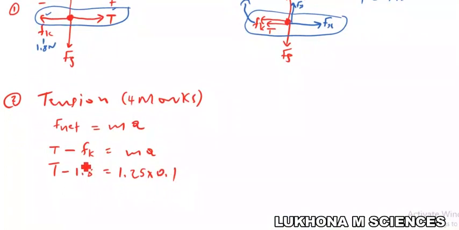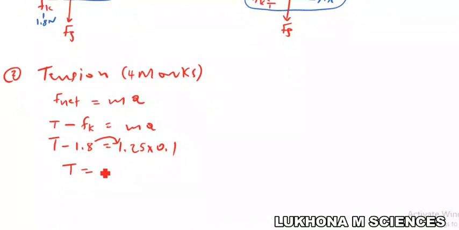Then we transpose, so the tension is equal to plus 1,8, and the other side is 0 because it is transposed. Then we get 1,925 newtons. That is the tension.